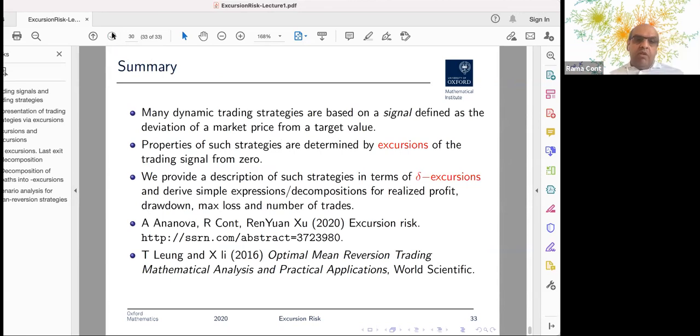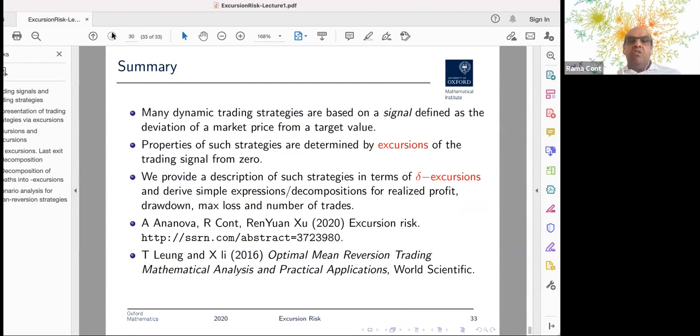So I'm going to conclude here this first lecture. What did we try to show? Really simple things. First of all, I gave you some examples of very widely used dynamic trading strategies and showed you that all these strategies have a common structure. They're based on a signal, which is defined as the deviation of the market price of some portfolio from a target.